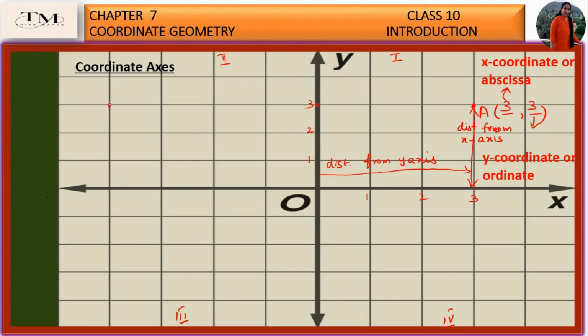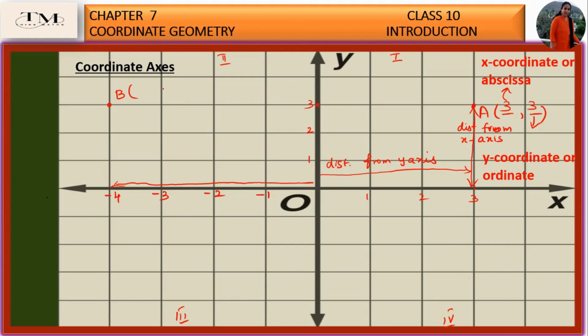Suppose I plot a point B here in the second quadrant. How to plot the point? This line is moving towards the left. If we move towards the left, we should plot it as negative. So this is -1, -2, -3, -4.